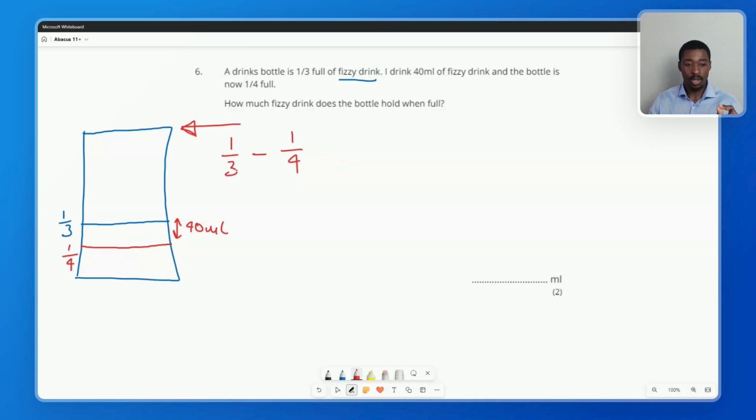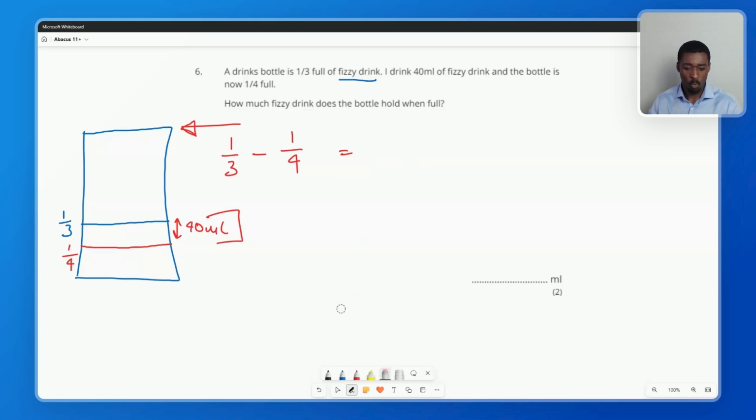If we can work out this difference, we know that this difference is equal to 40 milliliters. And then we can use that understanding to work out what the full bottle must hold. So let's go through it step by step. But that's generally what we're going to do.